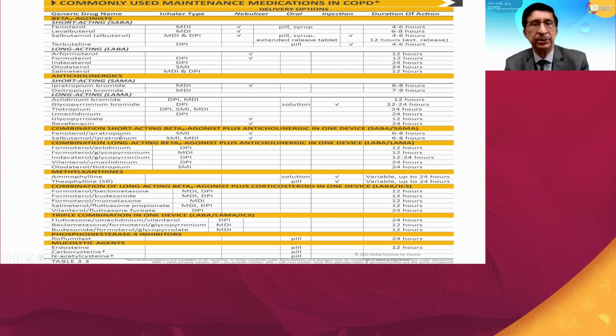Then we have the combinations, where you have PRN use of a short-acting beta agonist plus anticholinergic, and various methods, even nebulizer usage along with inhaler time. But now, one of the most commonly used is the LAMA-LABA combination. These medications, either in a soft mist inhaler, dry powder, or metered dose inhalers, have been introduced. And last but not least, a triple combination therapy has also come into play in the management of COPD.